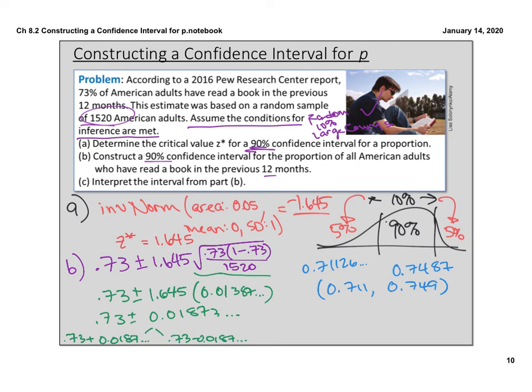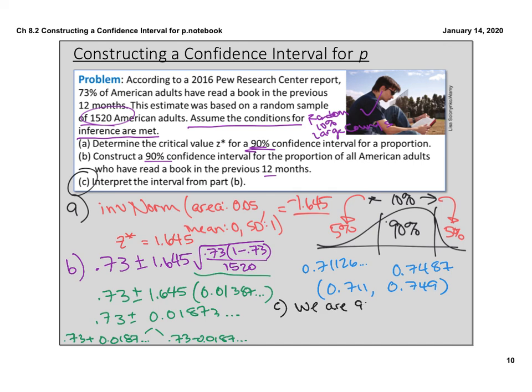Okay. Now, in part C, I have to actually go through and interpret. I'm going to write really small here, and I apologize for that because I always run out of room on these screens. But this is what my interpretation would look like. Here's all the points that it needs to include.